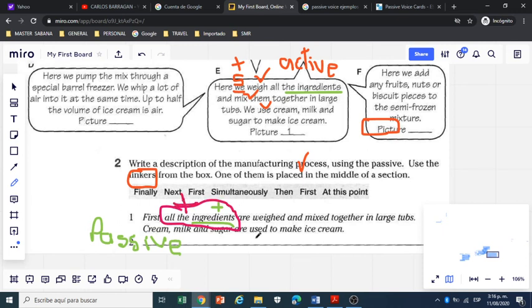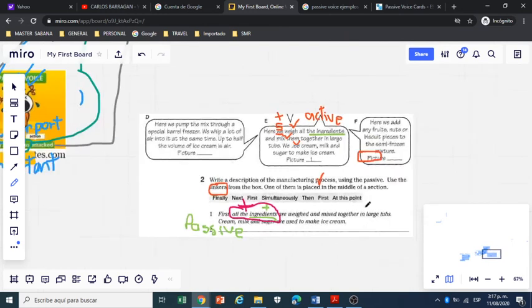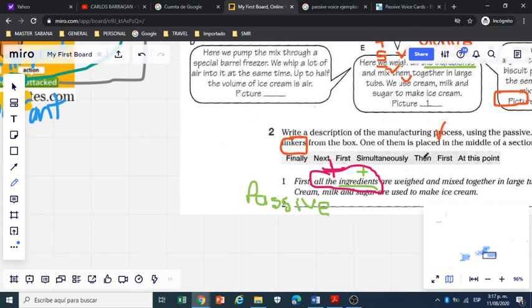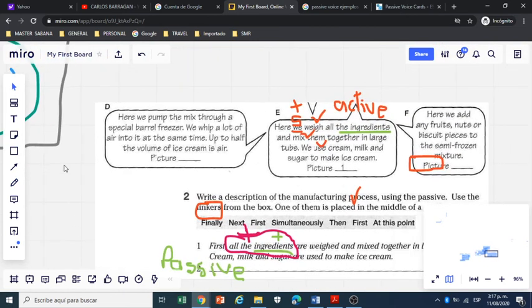Then in our structure we have the verb to be. This sentence is in present, the verb in present. So the passive voice must be in present.